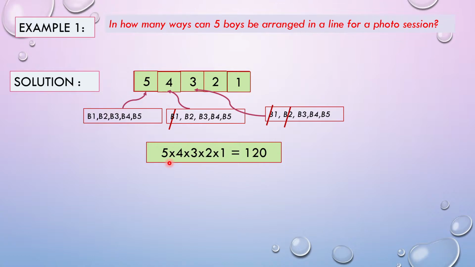So 5 times 4 times 3 times 2 times 1 equals 120. Or another option, we can use this formula 5P5.